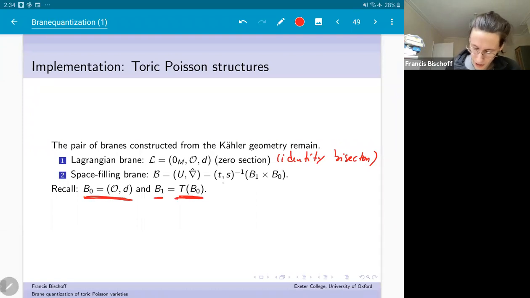And then we pull it back by this target and source map to get an A brane on the cotangent bundle. And it turns out in this case that the space filling brane that we're going to get in this construction is going to be exactly the same as the one that we had in the Kähler case. So that's going to be unchanged.